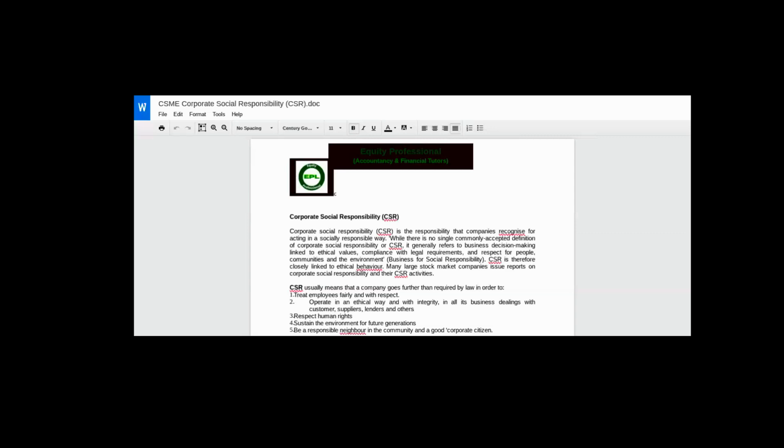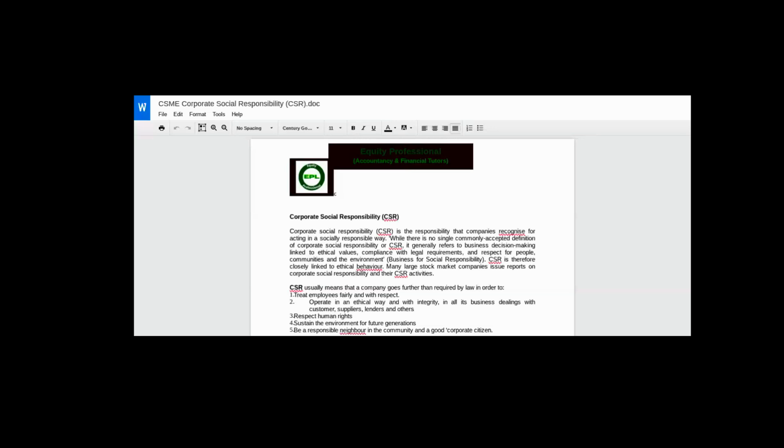CSR can be simply defined as the responsibility of a corporate organization that is centered on rendering selfless services to the community.